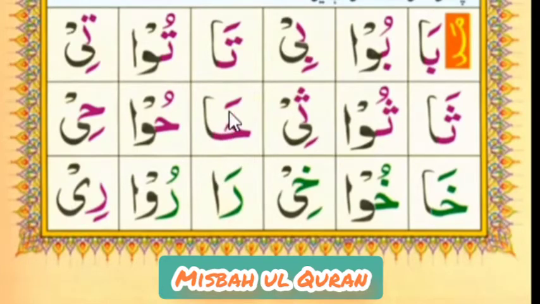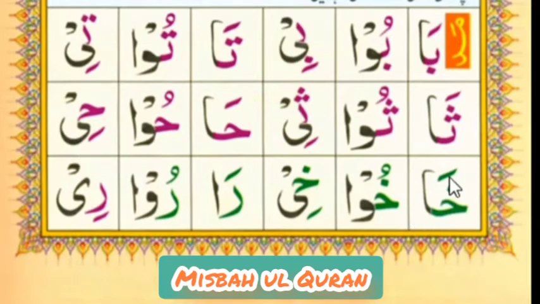Ha, alif, fatha, ha. Ha, waw, dhamma, hu. Ha, ya, kasra, hi. Ha, hu, hi.